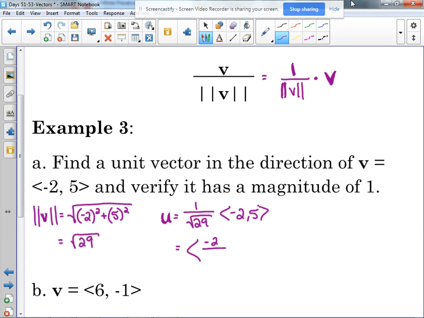So essentially we've got -2 over the square root of 29 and 5 over the square root of 29. And I don't know why, but all of a sudden it's okay for us to leave a square root in the denominator. We're not going to rationalize those. We're going to leave them the way that they are.